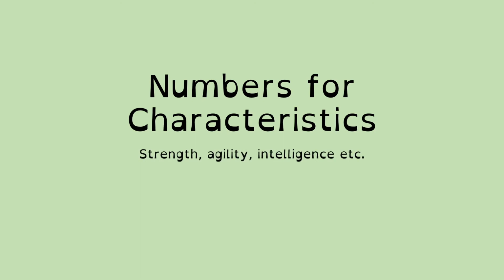So these are things like strength, agility, intelligence, etc. There are different sets in different games for good reasons. And these numbers are then used for the gameplay, for working out the rules, especially for the combat, but they affect other things as well, potentially.